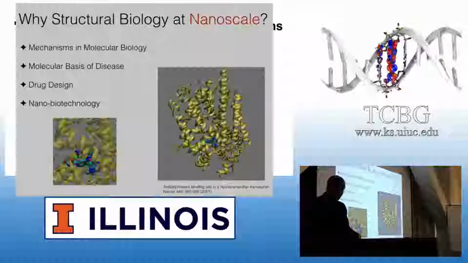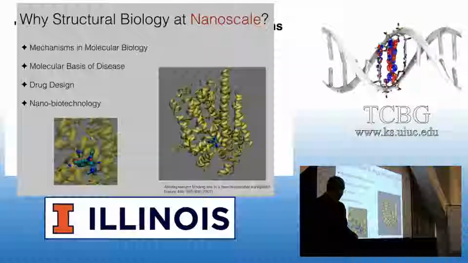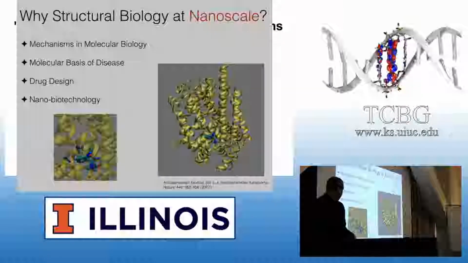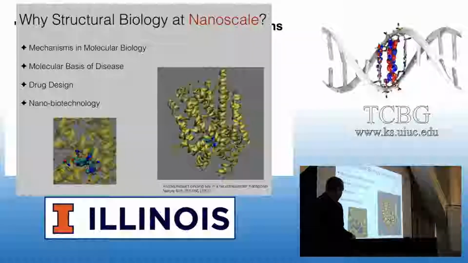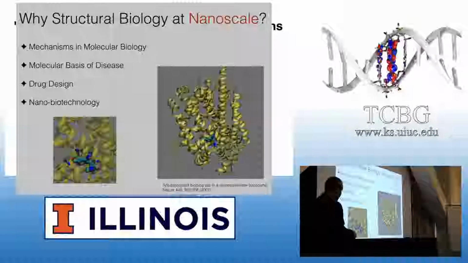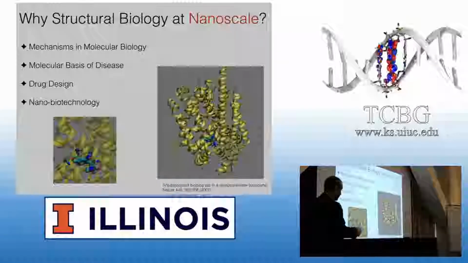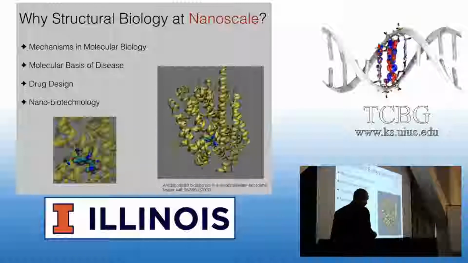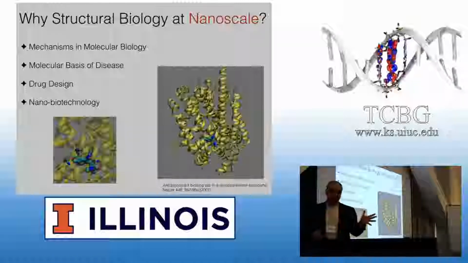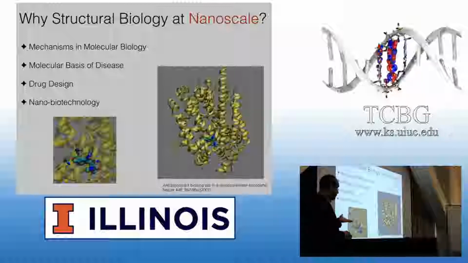So this is a drug that is used in the market as an antidepressant, and you can see where it binds exactly to its receptor. By blocking this transporter, this drug increases the concentration of dopamine or serotonin in your brain, and that removes depression.